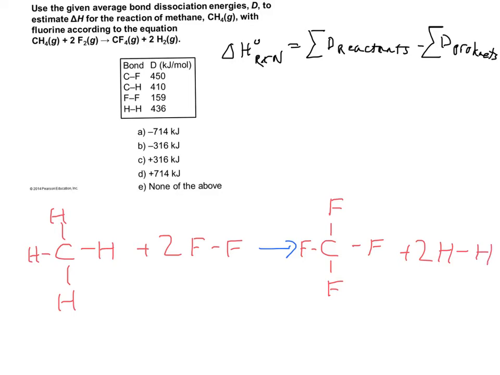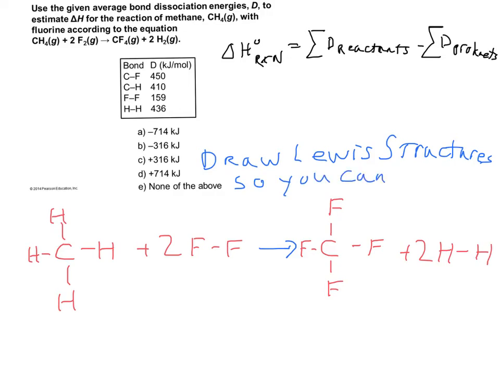So that's what the Lewis structures of these compounds look like. Why is it important? It's important to draw the Lewis structures so that you can know the number of bonds. Because without these Lewis structures, you'd be tempted to look at methane and say, hey, I've got one carbon-hydrogen bond there.